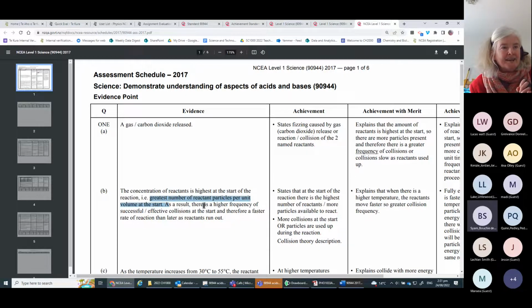And can you see those keywords, frequency, and what they also like is something like effective or successful collisions. So learn those key words and use them in your explanation, because it really just takes a bit of practice and you can get excellence with these. Right, let's carry on.